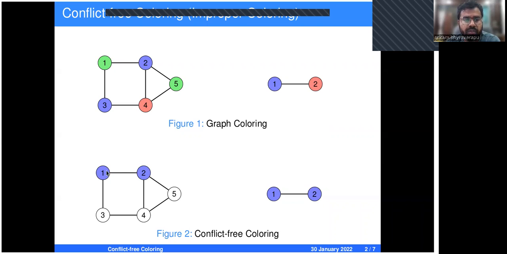Vertex 2 has only one vertex which is colored, so the vertex 1 acts as the uniquely colored neighbor for vertex 2. Vertex 3 has the vertex 1 as a uniquely colored neighbor. Vertices 4 and 5 as before have the uniquely colored neighbor 2.